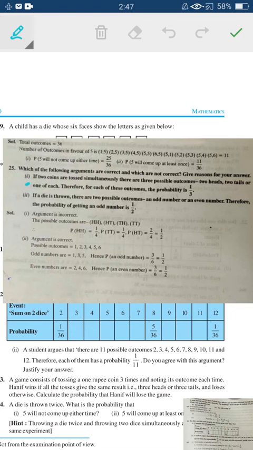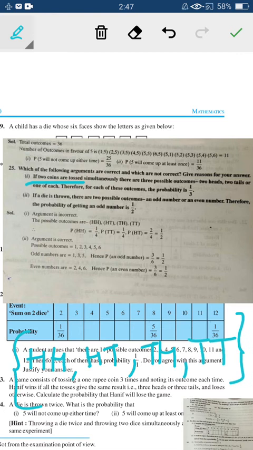See here, the question says if two coins are tossed simultaneously, then there are three possible outcomes. We have done that. First is head head, second is head tail, third is tail head, fourth is tail tail. These are the outcomes and there are total 4 outcomes. But here they are saying 2 heads, 2 tails, or 1 of each.